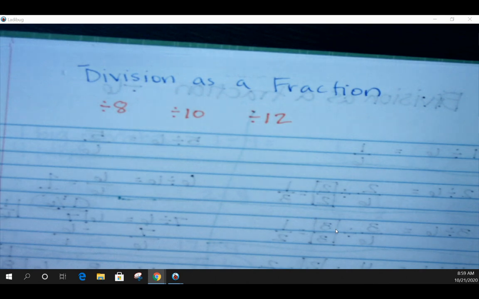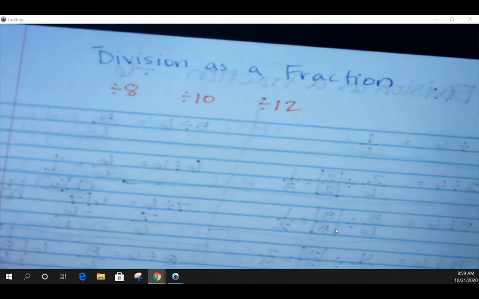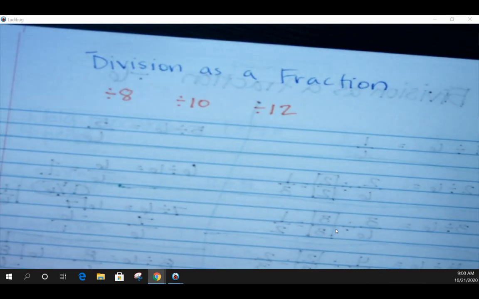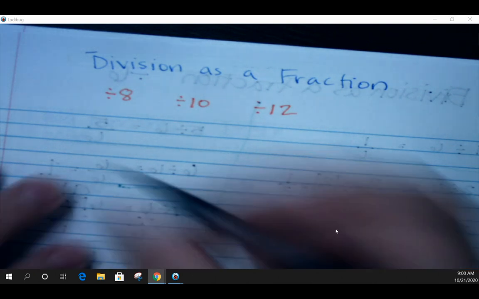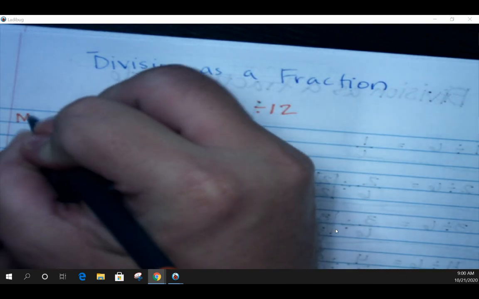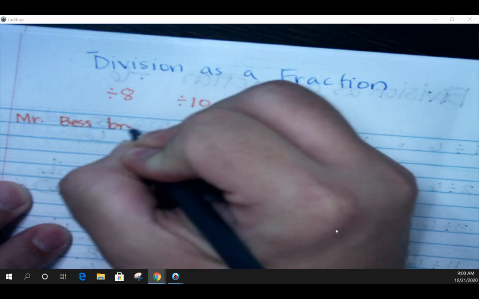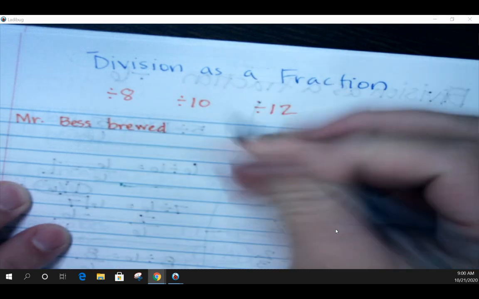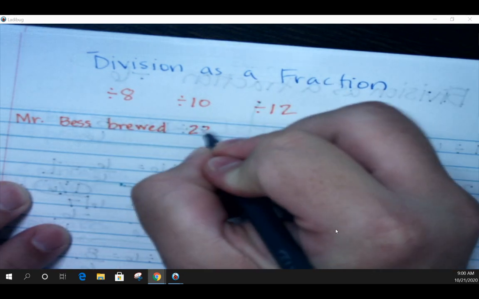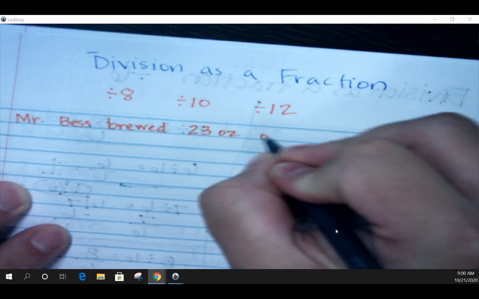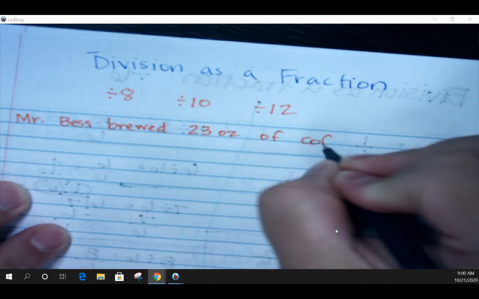All right, so the first thing, I'm going to give you another example problem for us to write in our journal, because I know some of us were having trouble deciphering what the problem's asking. Mr. Best brewed 23 ounces of coffee.